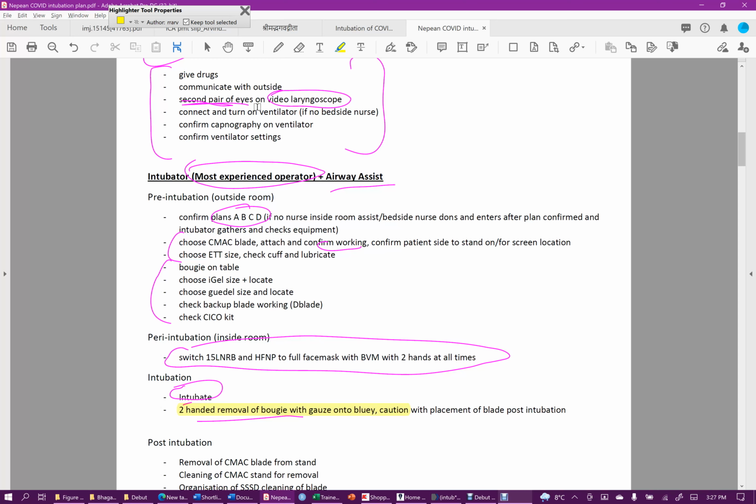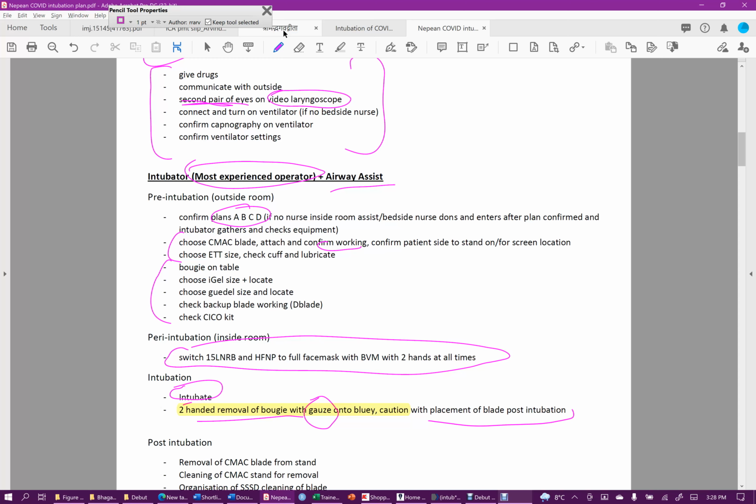When you're taking the bougie out, make sure that it doesn't flick in the air and release droplets that can aerosolize. You remove it gradually, keeping a piece of gauze so that you're absorbing all the secretions. When you put it back, keep it in a place that's adjacent, or even on the bed.